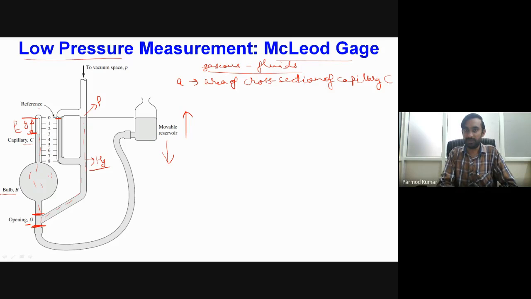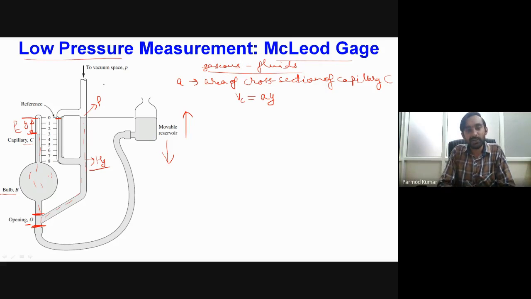So we can determine the volume which is compressed over here. That volume will be equal to the cross sectional area times Y, where Y is the portion which is filled with that gas.